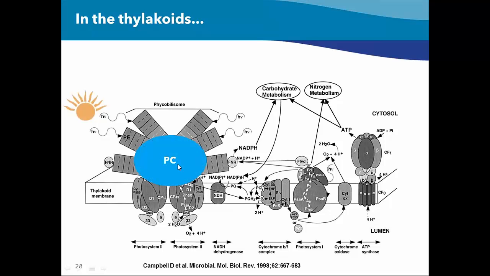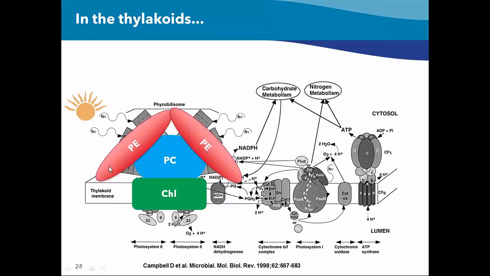In the center of that, we have the pigment called phycocyanin. Phycocyanin is in very close association with chlorophyll, which is actually embedded in those thylakoid membranes. And then in the case of a lot of marine cyanobacteria, you additionally have a pigment out here on the edge called phycoerythrin.